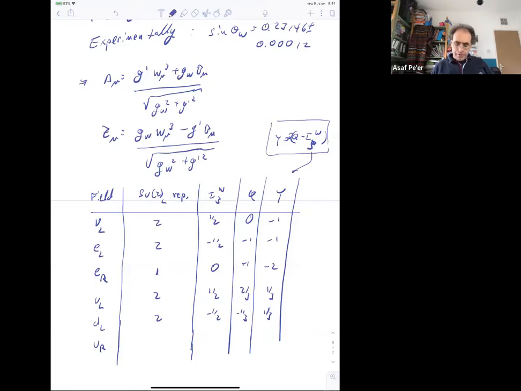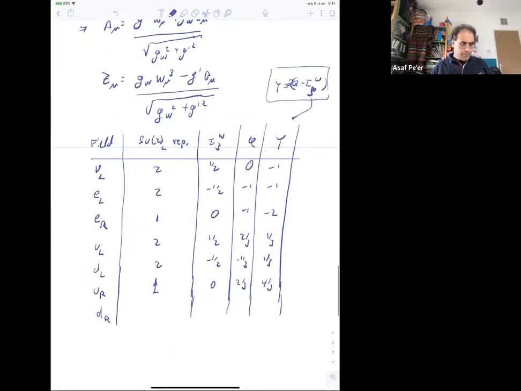So for SU2, they're just singlets, and their weak isospin is 0. Charge, of course, 2/3, and then the Y would just be 4/3. And then for the down quark, the right-handed one, again, it's a singlet of the representation. The I3, because it's a singlet, it's not participating, it's a 0. Then the Q is -1/3, and the Y would be a -2/3.